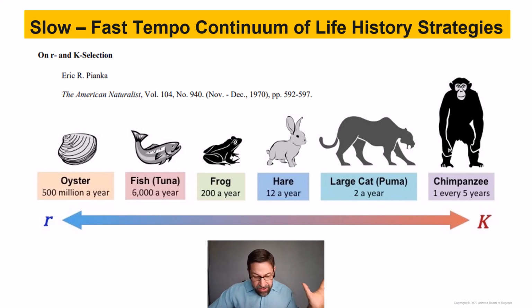They don't have much parental care beyond a lactational period, whereas a mountain lion is going to stay with her cubs for 2 years, and she's going to teach them how to hunt.